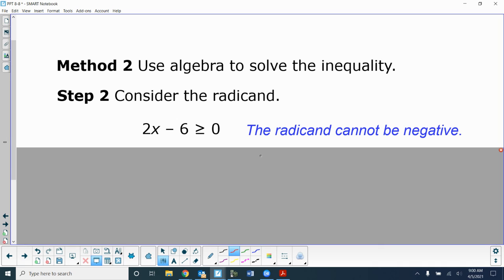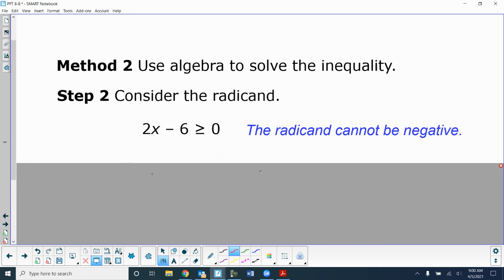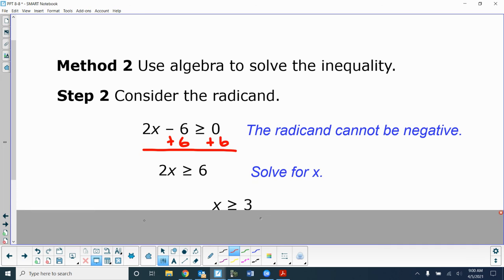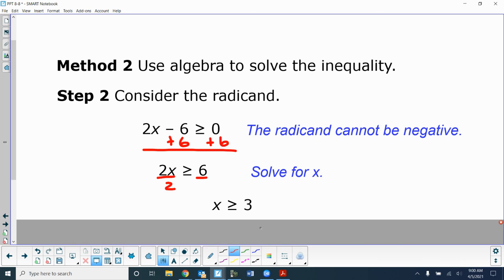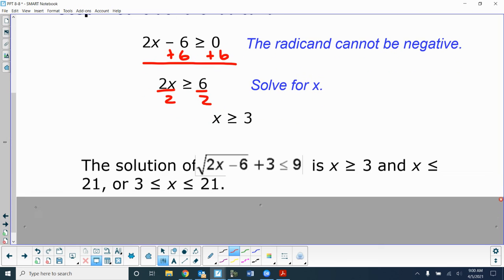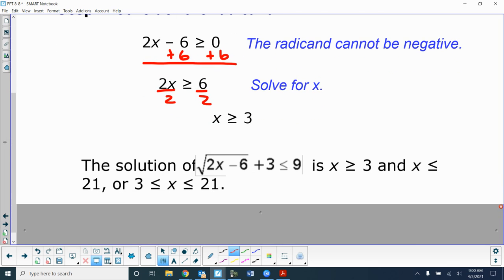All right? So you add 6. And then divide by 2. That's where the greater than or equal to 3 comes from. All right?